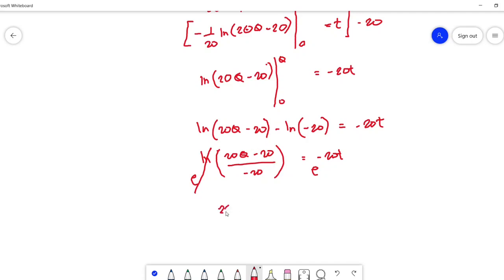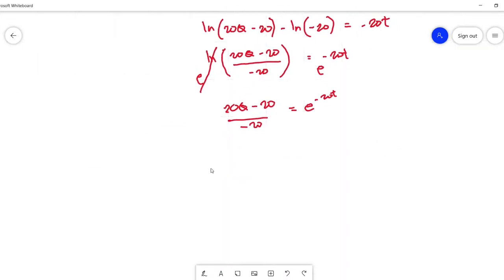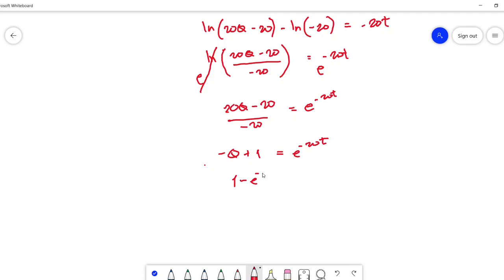So we have 20q minus 20 over negative 20 equal to e raised to negative 20t. Then, as you can see, we can cancel out the 20. So what we have left is negative q plus 1 equal to e raised to negative 20t. Or we can put q on the right hand side. So what we have left is 1 minus e raised to negative 20t equal to q.